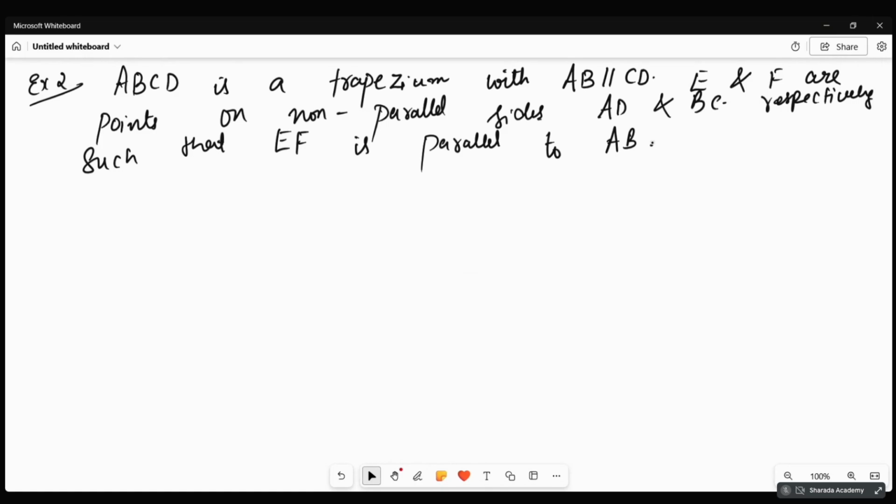So first thing what they have given, AB parallel to CD, ABCD is a trapezium.